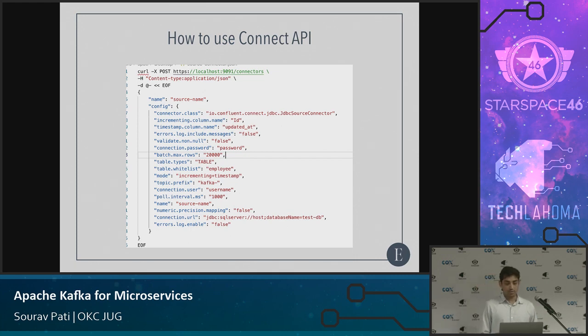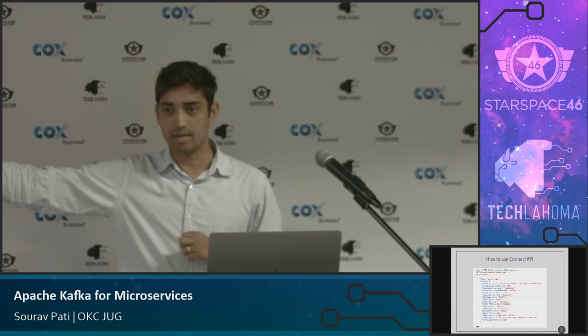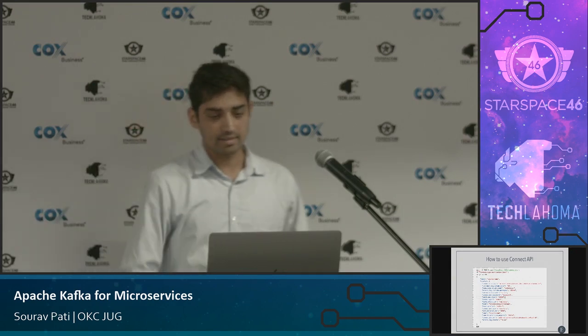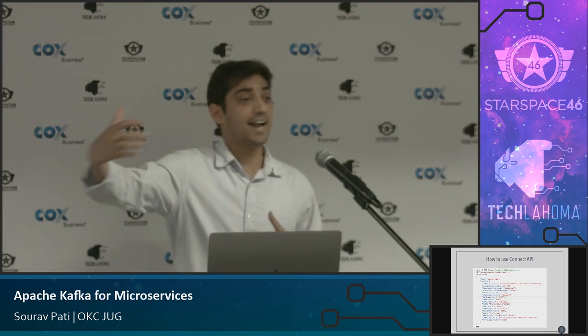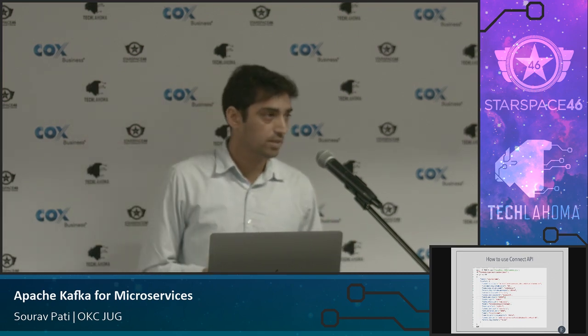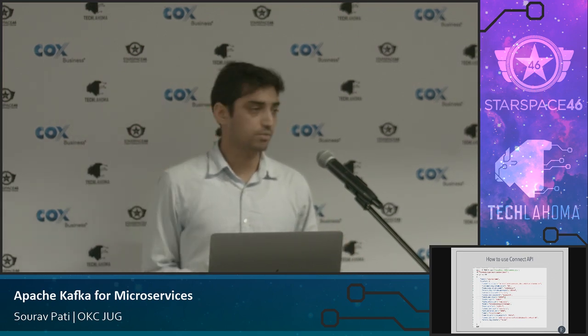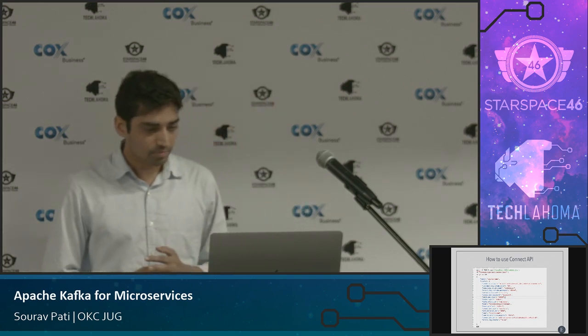Now if you want to do real data streaming, where you want to read either a new record or an updated record for every message, then you tell the connector that your mode is incrementing plus timestamp. So you specify the updated-at column or created-at column, whatever timestamp column you have in your tables.